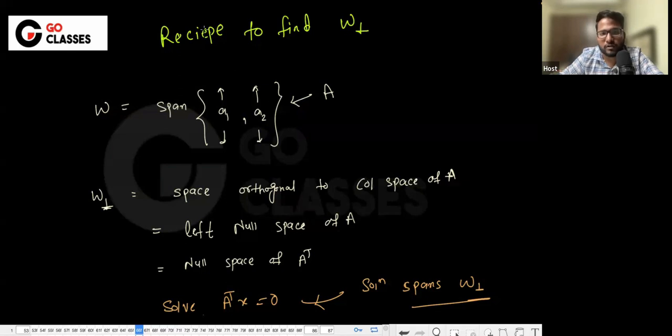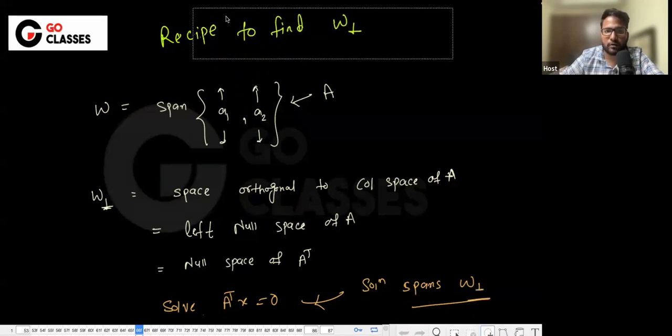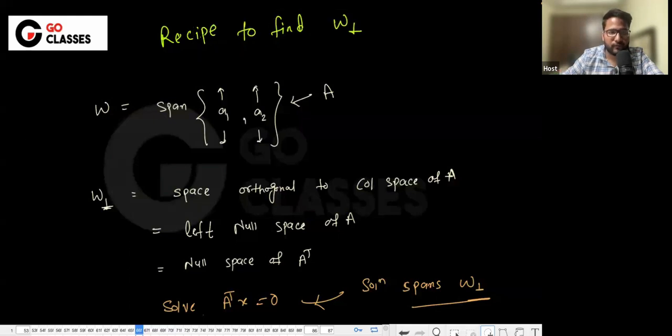Okay. So this is the recipe to find out W complement, right? Let me know if there is any issue with this particular recipe.